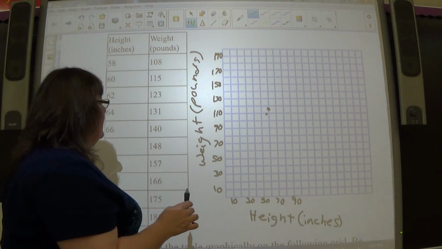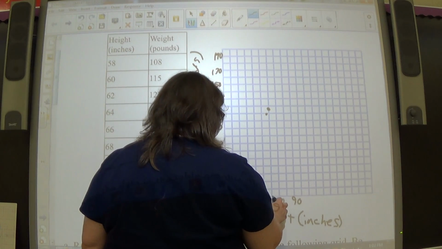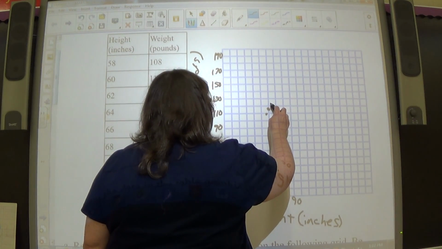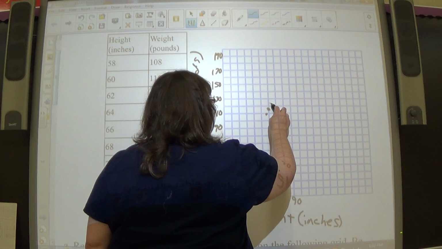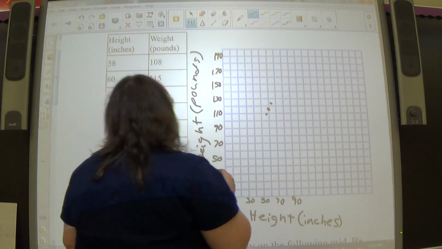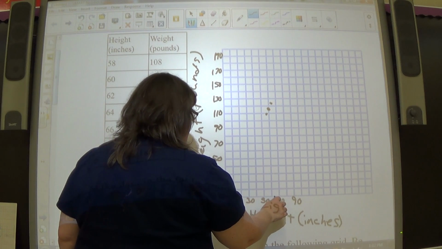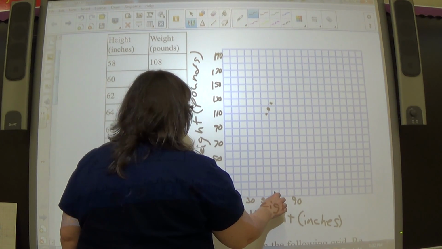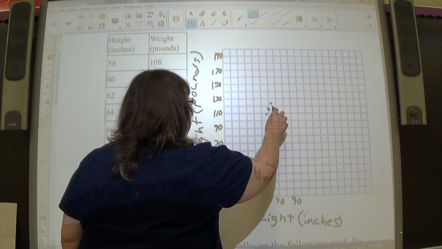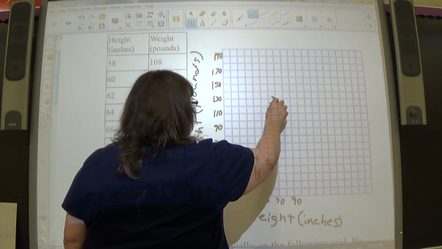Okay, 62 is 123. So a little more than 60. And 123 would be about here. Okay. 64, it's close to 65, and 131, so that's like right there.